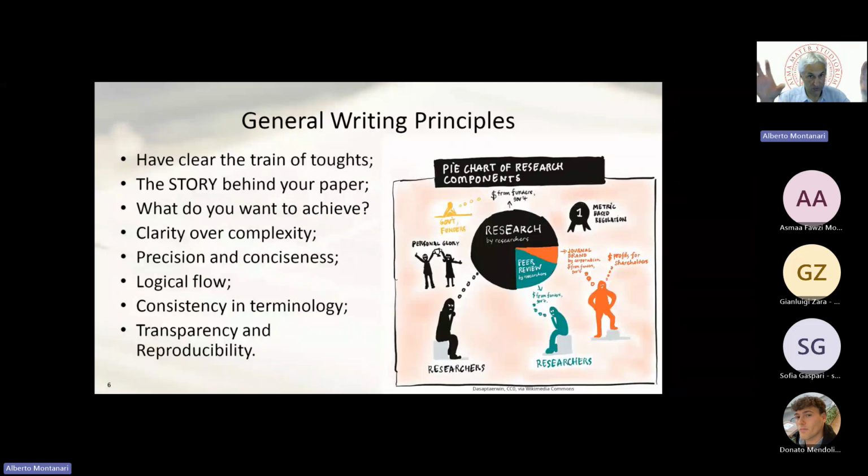So, train of thought leading to a story. Your paper will be more attractive, would get the most possible attraction, and would attract the largest possible audience if it has a clear and nice story behind.